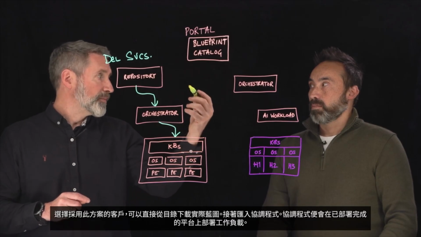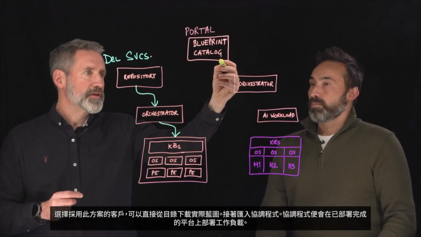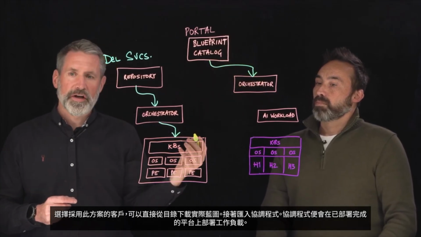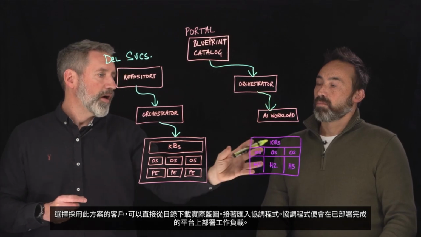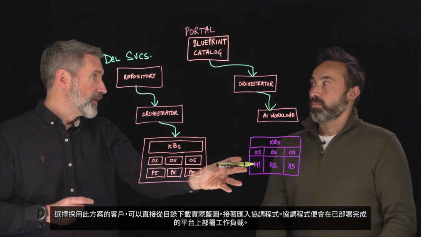The actual blueprints can be downloaded from the catalog by customers who choose to go with this, and fed into the orchestrator. The orchestrator then will deploy the workload on top of the platform that's already deployed.